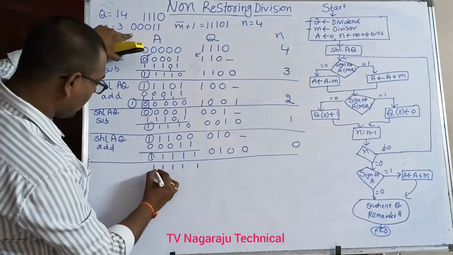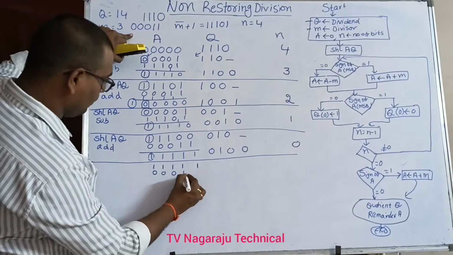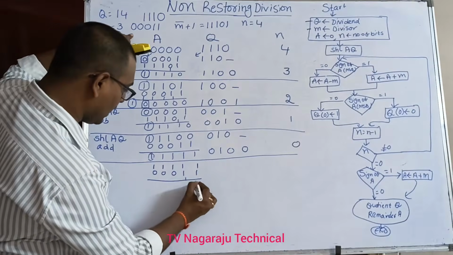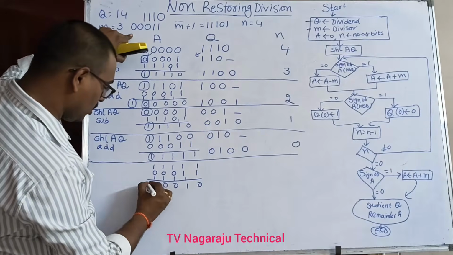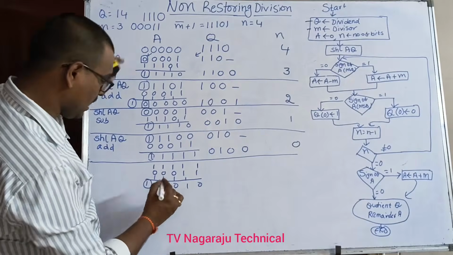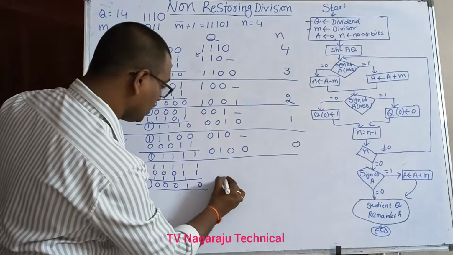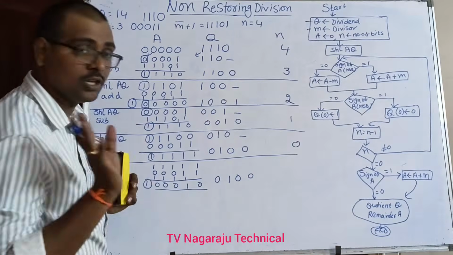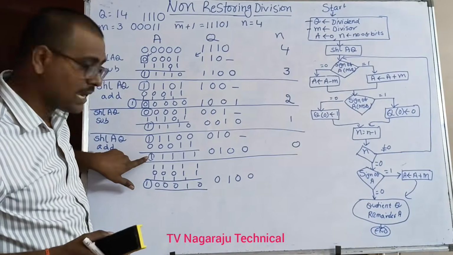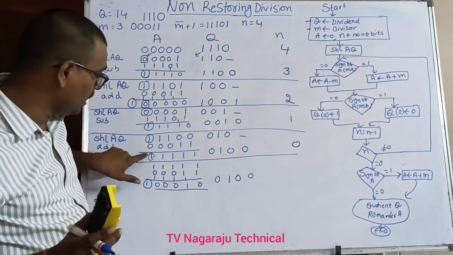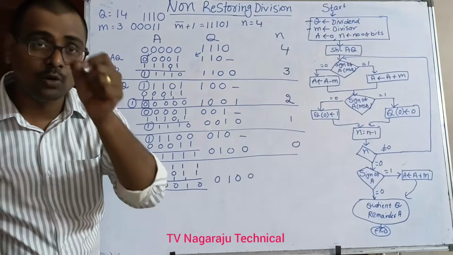For this A value, I am adding M. Now see, after adding M, discard the carry and completed. Here no need to do any modification. Clear the point? If in the last step the sign is 1, that is a negative remainder. In that case only we are doing the restore operation.